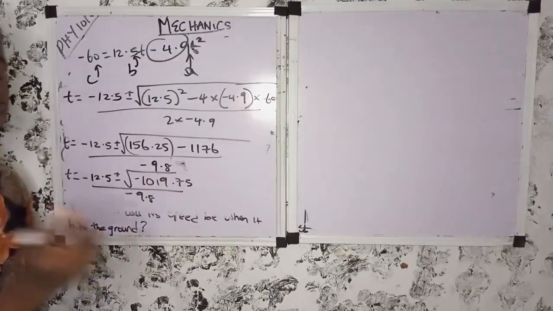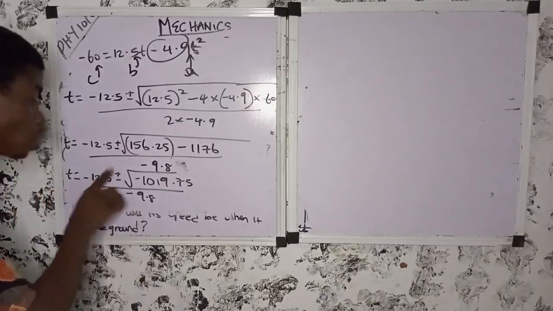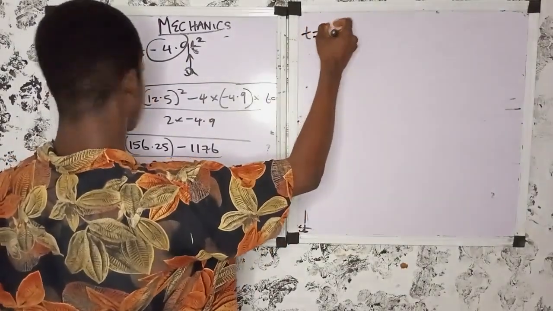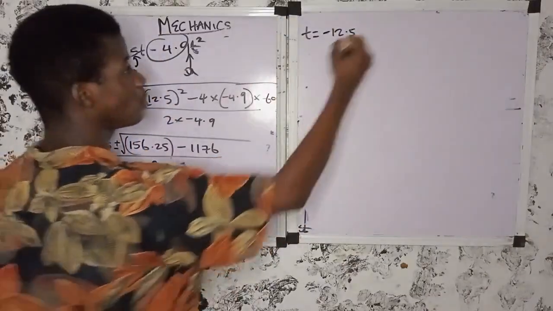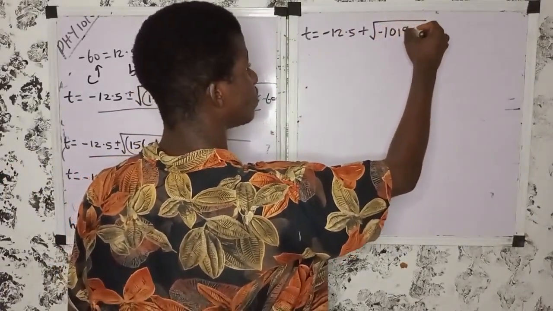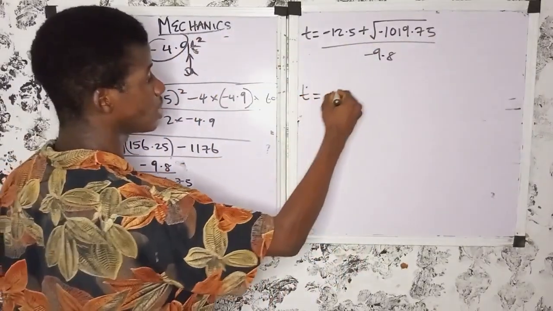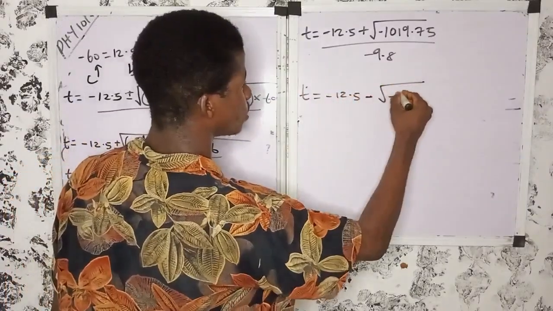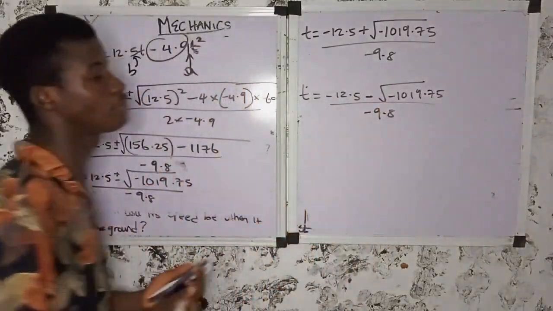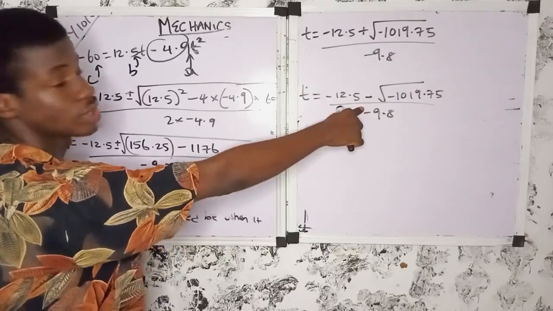This plus or minus means that this equation is really two equations, one that has plus and the other one that has minus. So let me break the equation into 2. t equals minus 12.5 plus the root of minus 1019.75 divided by minus 9.8, or t is equal to minus 12.5 minus the root of minus 1019.75, all divided by minus 9.8. So the equation is valid 2.